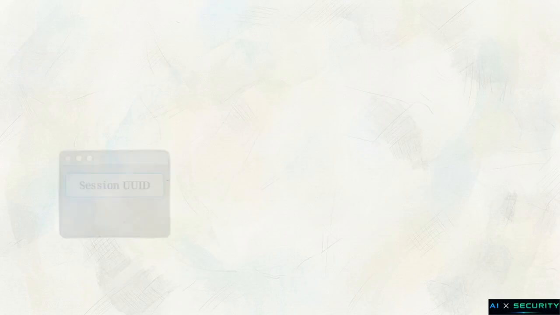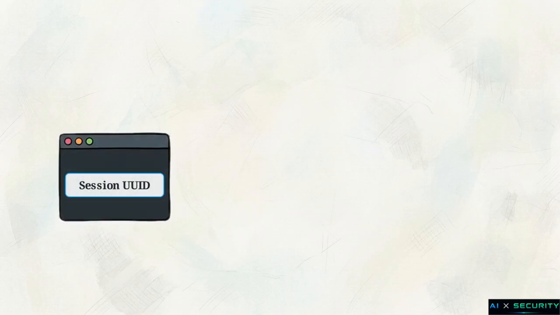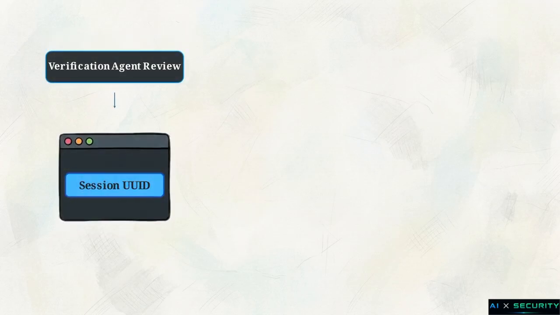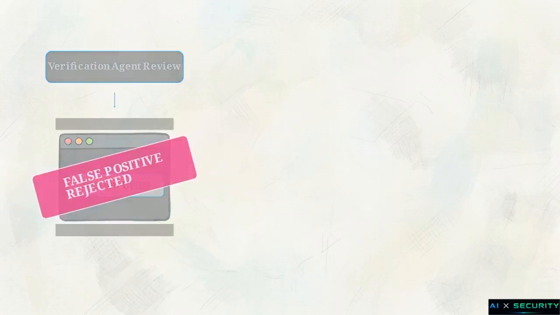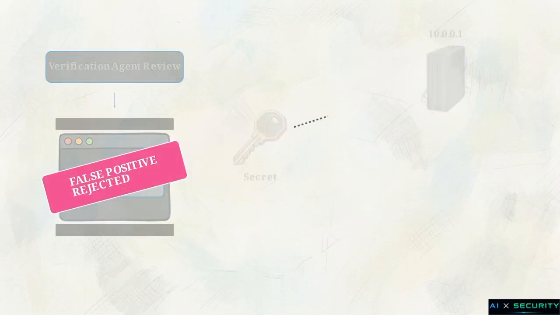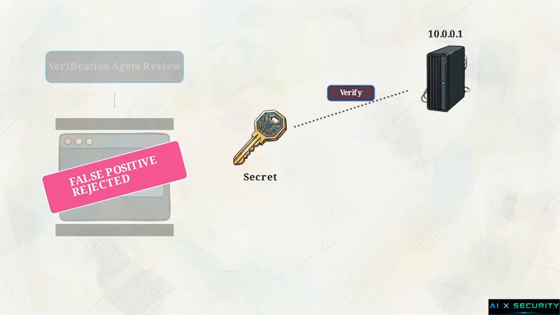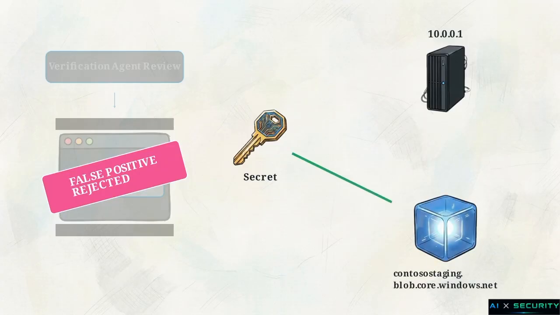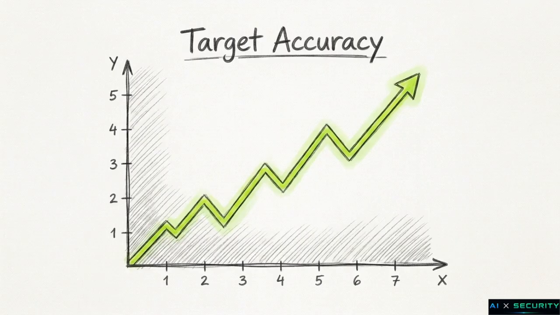If the detector flags a session UUID, the verification agent can cross-reference it with the context and reject it as a non-credential distractor. This loop also allows the verification agent to correct mismatches, ensuring the credential is tied to the correct endpoint by re-examining the surrounding sentences. This adversarial review process increases resource extraction precision by 16 percentage points compared to the single-agent variant.